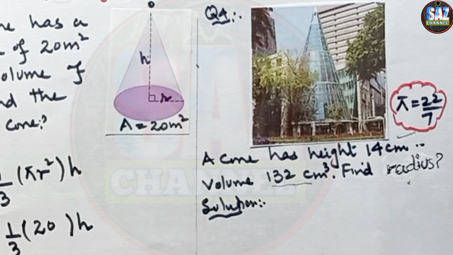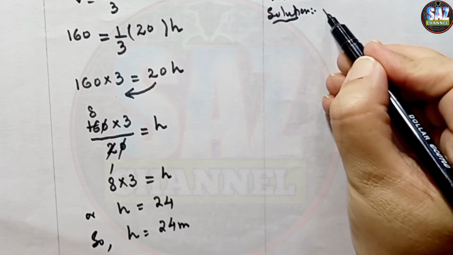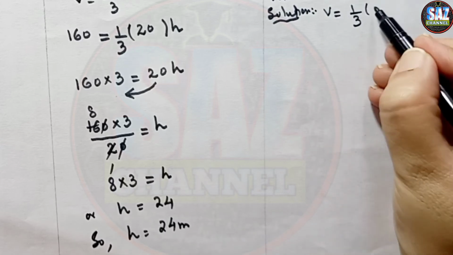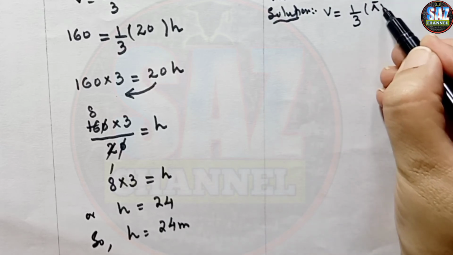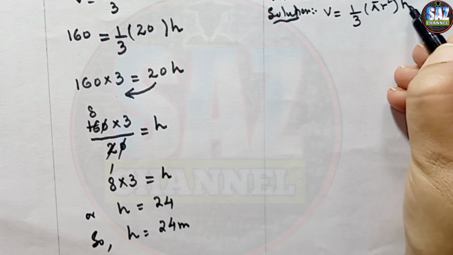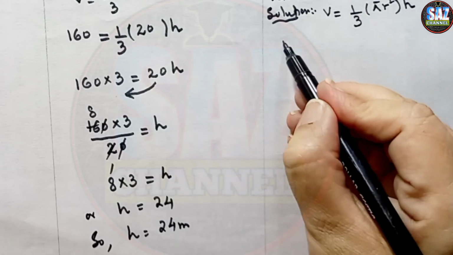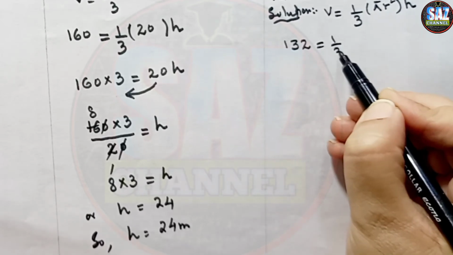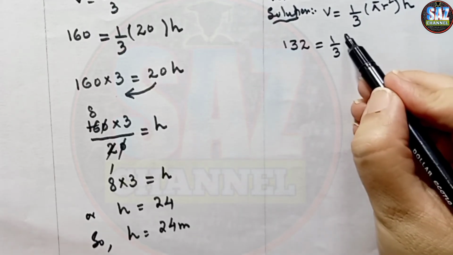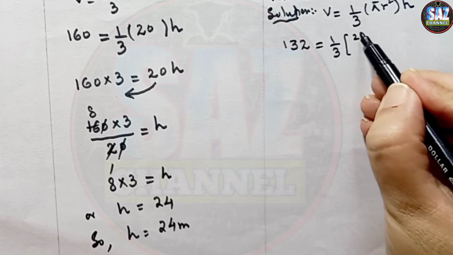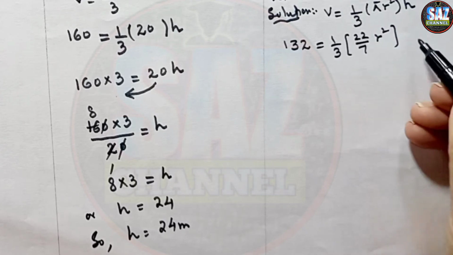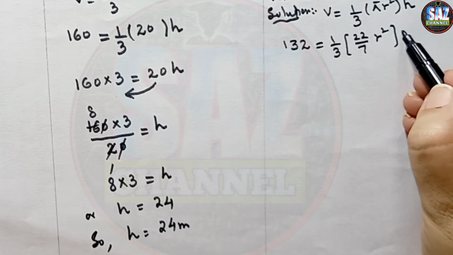As we are given the volume, and volume equals 1/3 into base area, that is πr², into h. Now look, 132 is the volume given, 1/3, and then the value of pi is specified 22 by 7 into r² multiplied by h, which is 14.